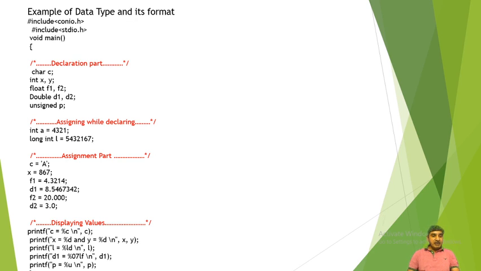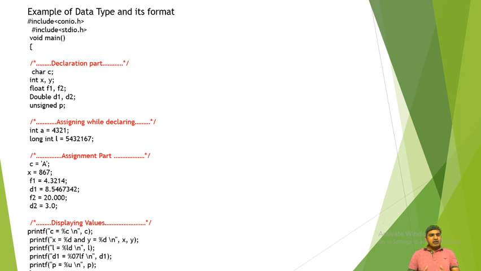Okay, then d2 is also a float, 3.0. Okay, all these are variables. Then we assign all the values, terminated by a semicolon. Now we have to display the values.